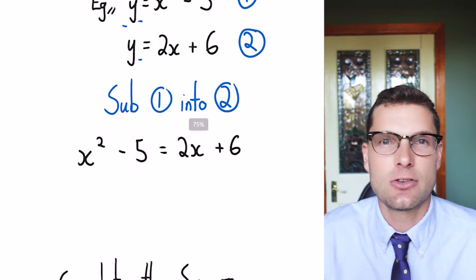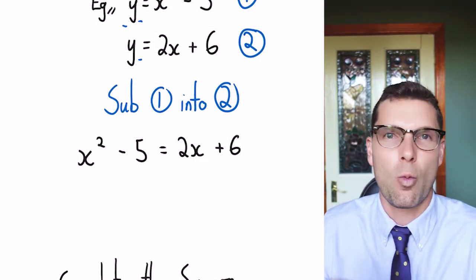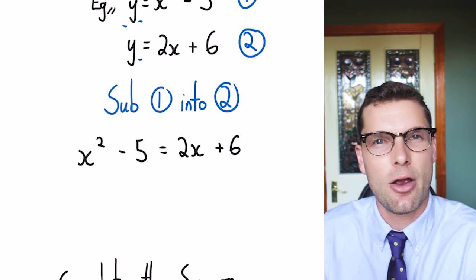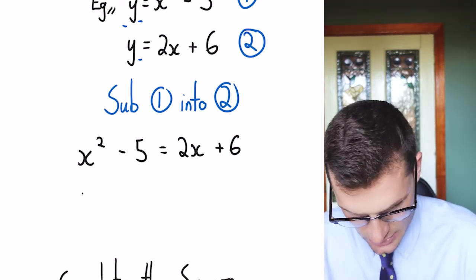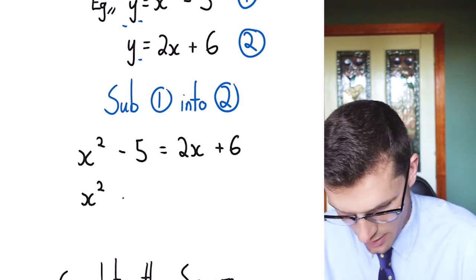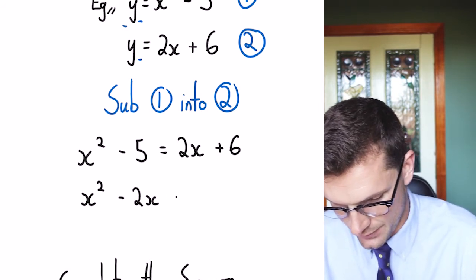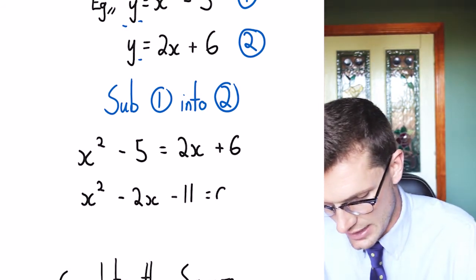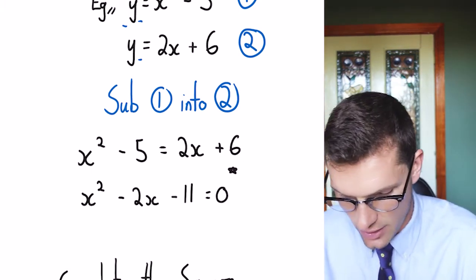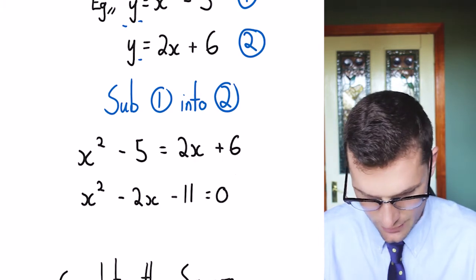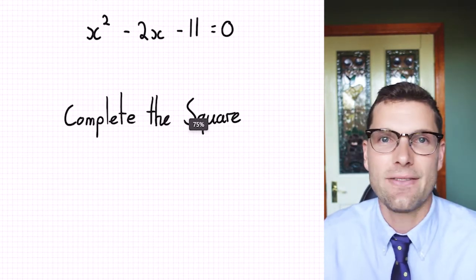The thing that you want to do from here is make one side of this equation equal 0 and get all the other variables onto the other side. So this is going to become x squared minus 2x minus 11 is equal to 0, and that's just by minusing everything on this side over to the left-hand side. From here, we're going to have to complete the square.